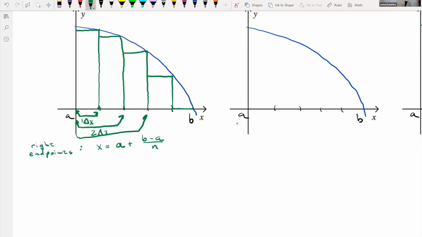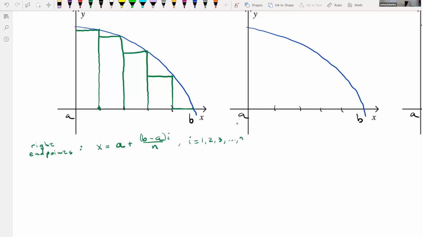To get the third one, we're going to have 3 delta x. And so we're going to multiply this by the letter i, and we're going to let i count the numbers 1, 2, 3, going off all the way to, well, our nth rectangle.